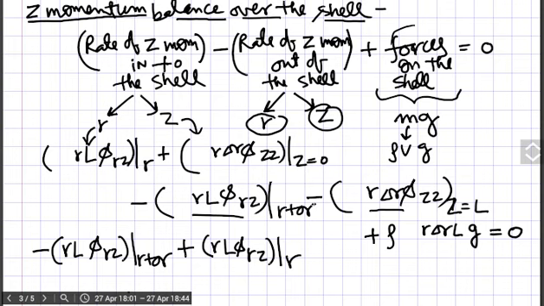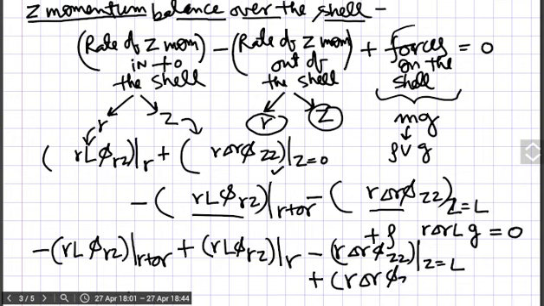In the same way I can write these terms also. I will write this term here, minus R delta R phi zz at the surface z equals L. And now I will write this term after this, and then I will write this gravity term, R delta R L g rho.